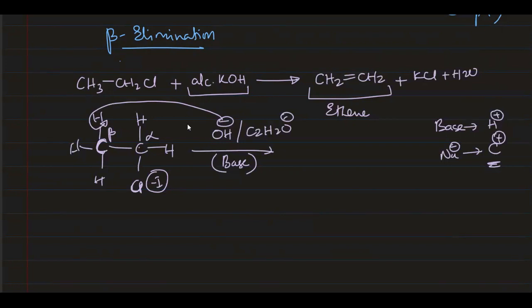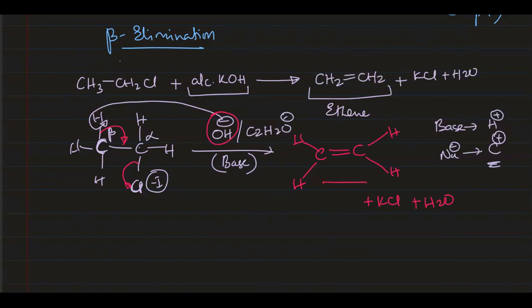Once this hydrogen is removed, this bond here collapses to this carbon-carbon double bond, and this bond is pushed on to chlorine. So here also again, this base, whatever OH minus is there, is attacking first. So it is going to form C=C with H, H, H and H. Now Cl minus has come out and there is K plus in the medium, so that forms KCl, and there is H2O also because this OH minus has abstracted the proton.